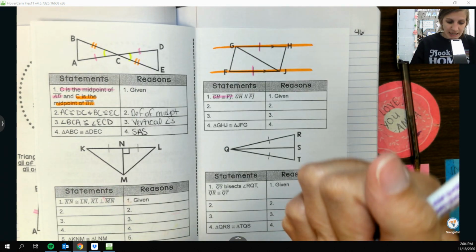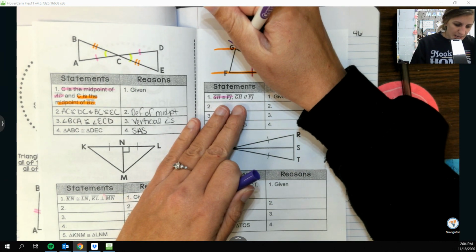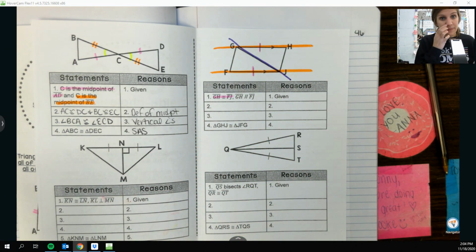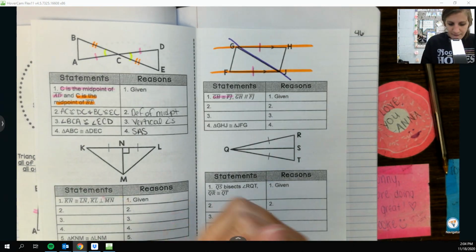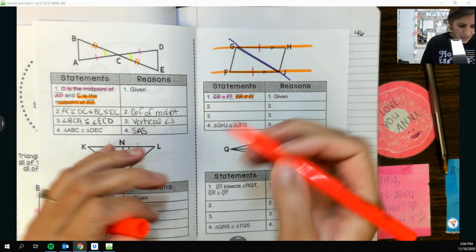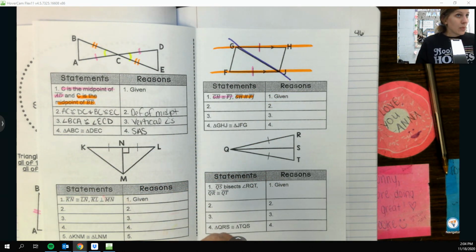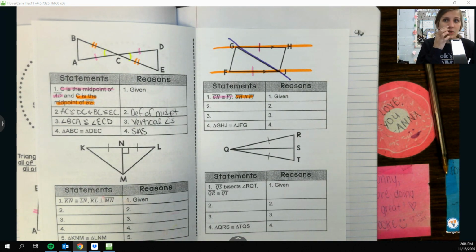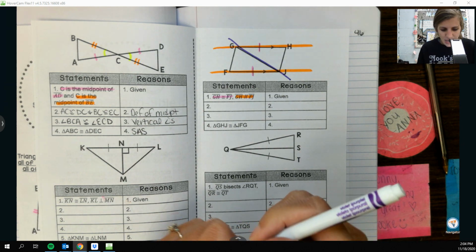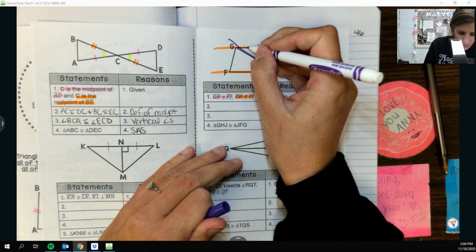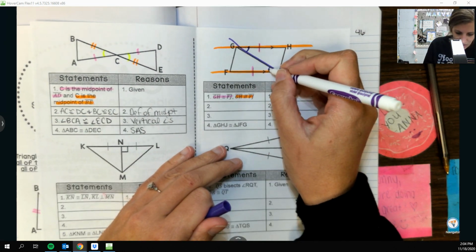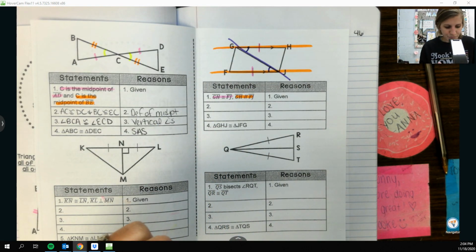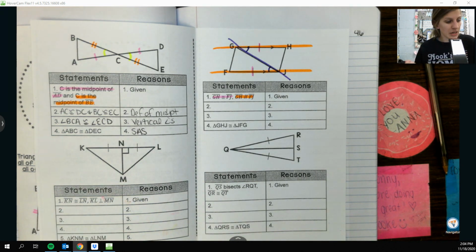And when it's a picture looking like this, usually the transversal you want is the one in the middle because it's on both triangles. That's super helpful because if we have parallel lines, then we can use any of those angle pairs. So usually we get alternate interior angles when this happens. And so we would be able to say that this angle is congruent to that one because they are touching the parallel lines and the transversal, and they're alternate interior angles.